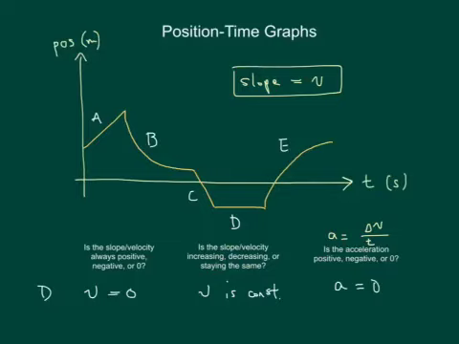All right, on to the last example. Section E, the last segment. In section E, we ask, is the slope, velocity, always positive, negative, or 0?